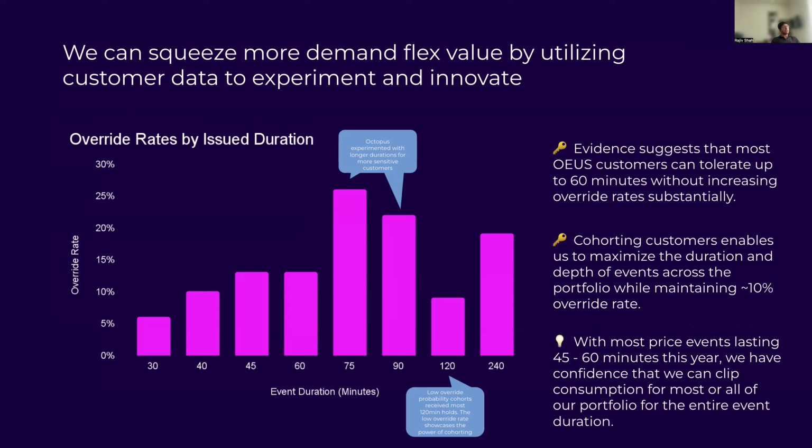So one thing that we've done here is we've actually cohorted our customers from really sensitive customers to changes in their home, the temperature that they're experiencing in their home, to those customers that are not so sensitive. And that's allowed us to have a much better predictive sense of what we can squeeze out of each household and actually tailor how we're running these events to the customer's behavioral profile.